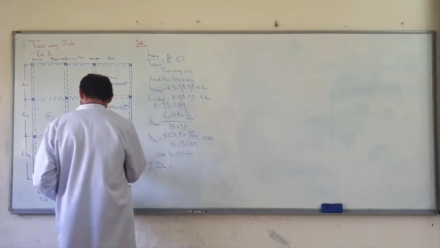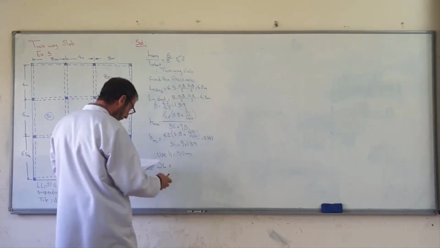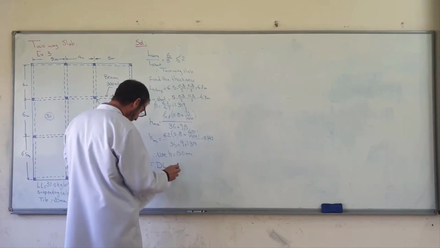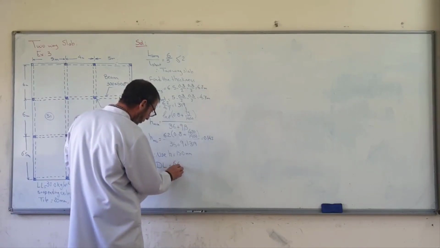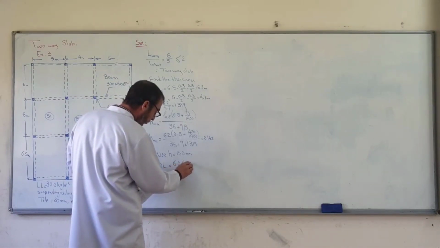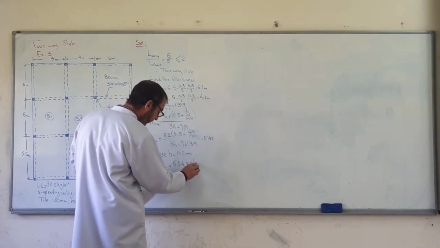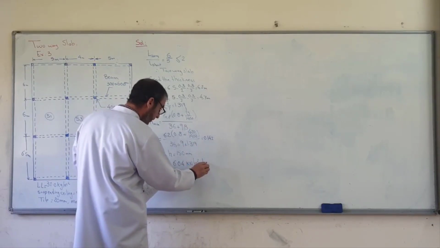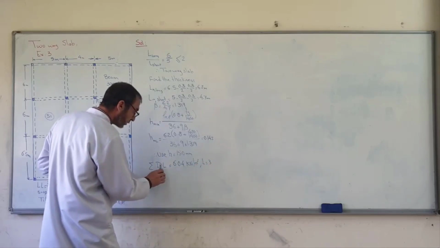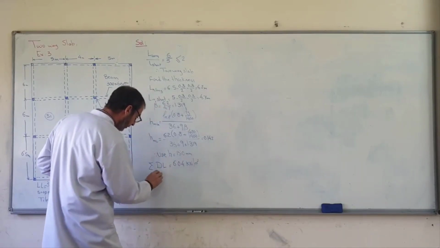We take the summation of these loads, 6.04, from example number 1. Live load is 3.